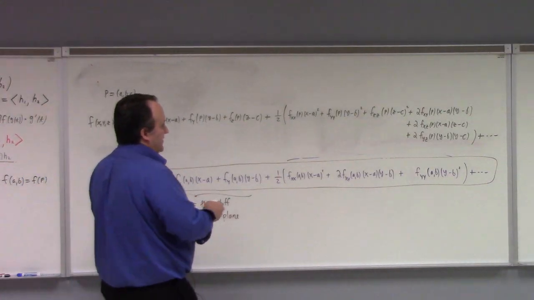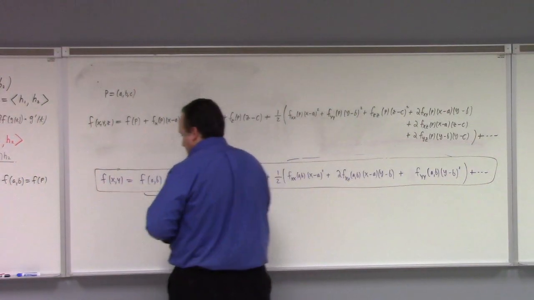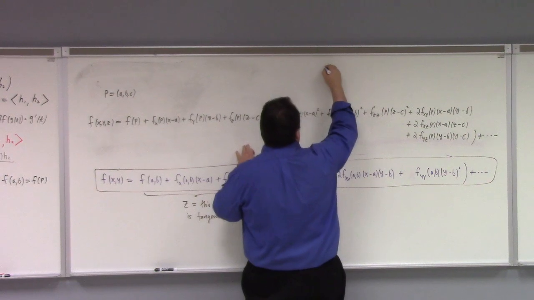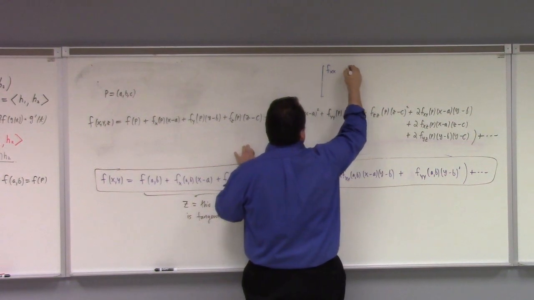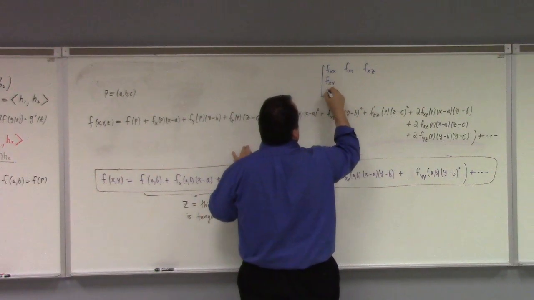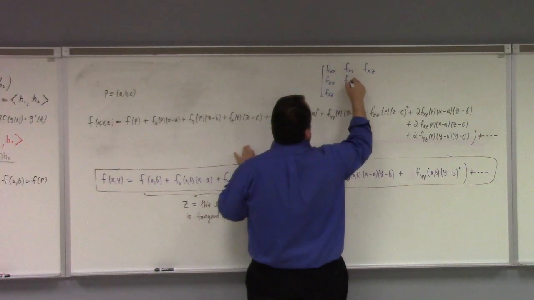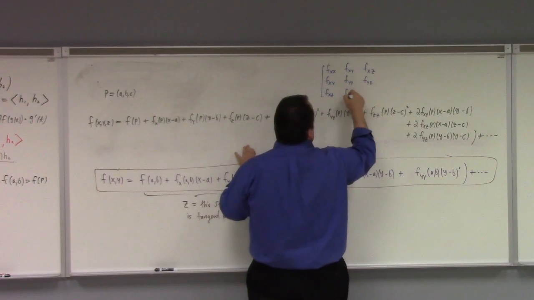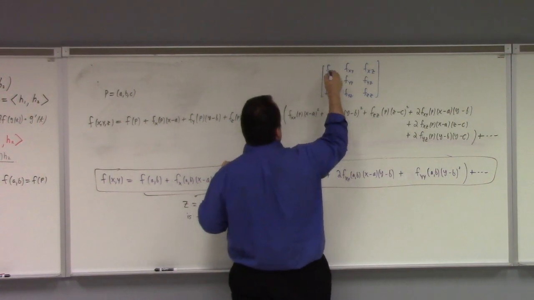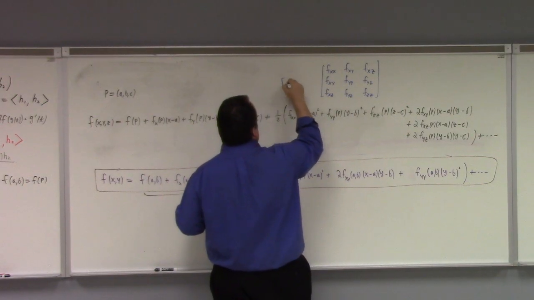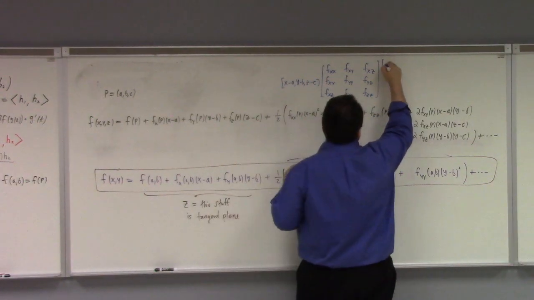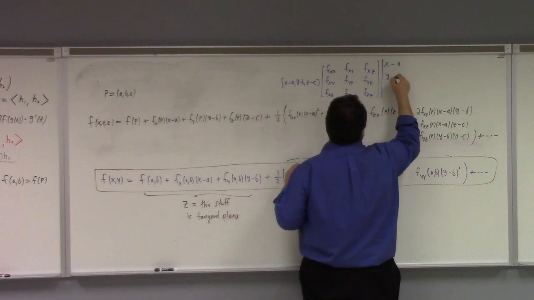Now, there's a better way to write this. If you'll forgive me for a brief journey into linear algebra land for a second, it helps. What you're looking at here is f_xx, f_xy, f_xz, f_xy, f_yy, f_yz, f_xz, f_yz, f_zz, that matrix, times the vector x minus a, y minus b, z minus c, times this vector x minus a, y minus b, z minus c.